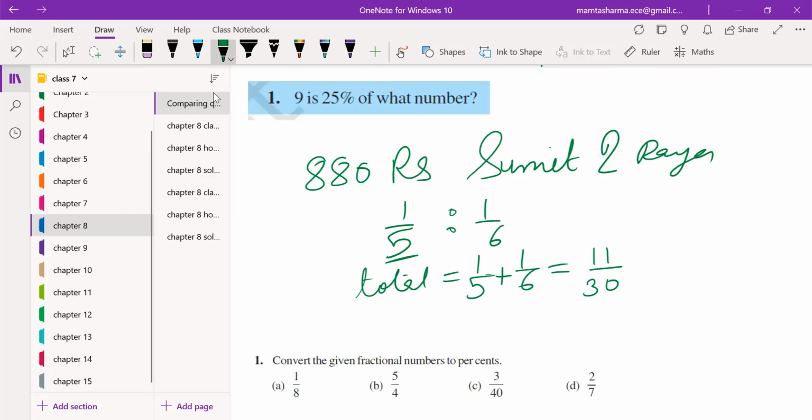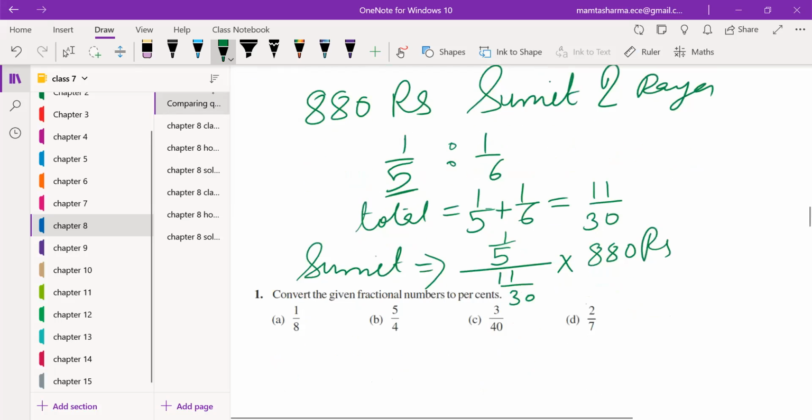So this would be 11/30. Total part would be 11/30. Correct. Now the Sumit part. Sumit part is 1/5 and total part is 11/30 and total money is 880 rupees. So this will be the part of Sumit.